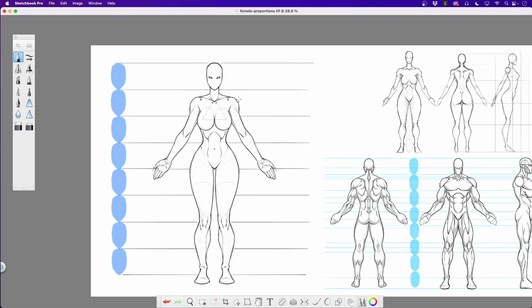The reason being, generally, our arms go down to about the lower portion of our pelvis like this. You'll either attach the hands at that point, or the hands will be roughly up here. And again, this varies greatly in real humans. Boxing is a good example.